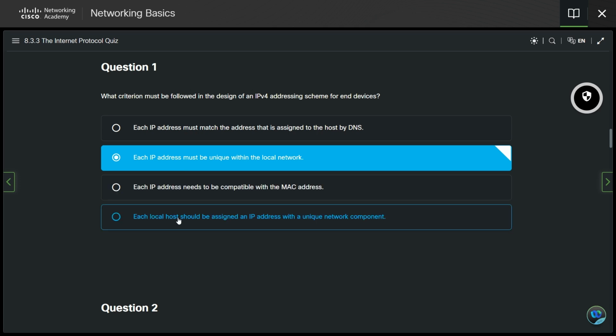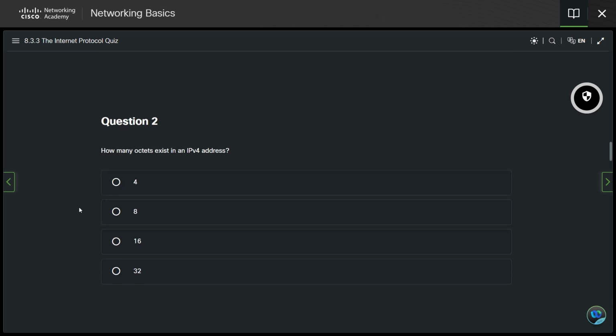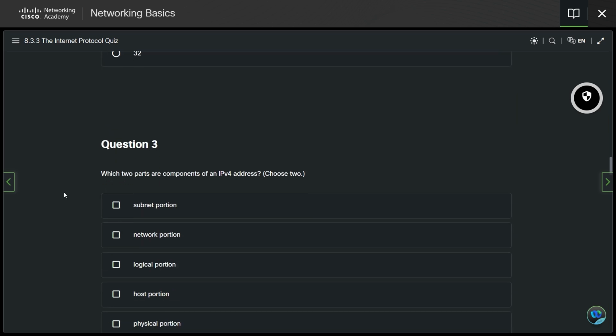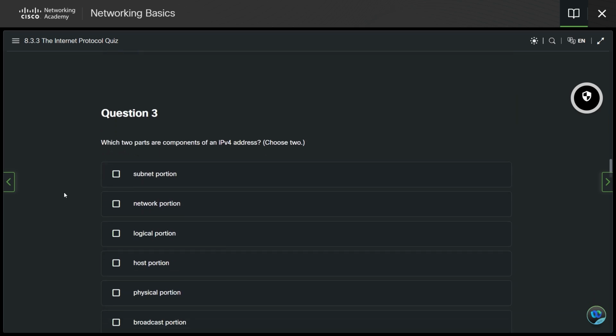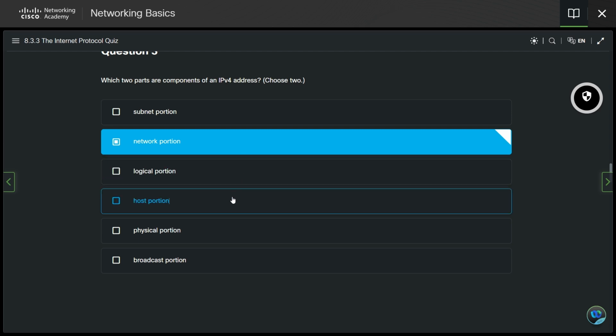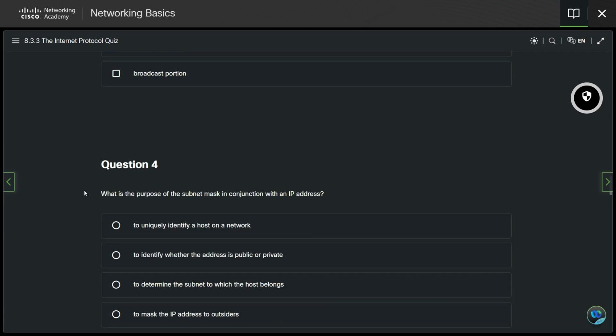Yes. Question 2: How many octets exist in an IPv4 address? It is 4. Question 3: Which two parts are components of an IPv4 address? That is network portion and host portion.